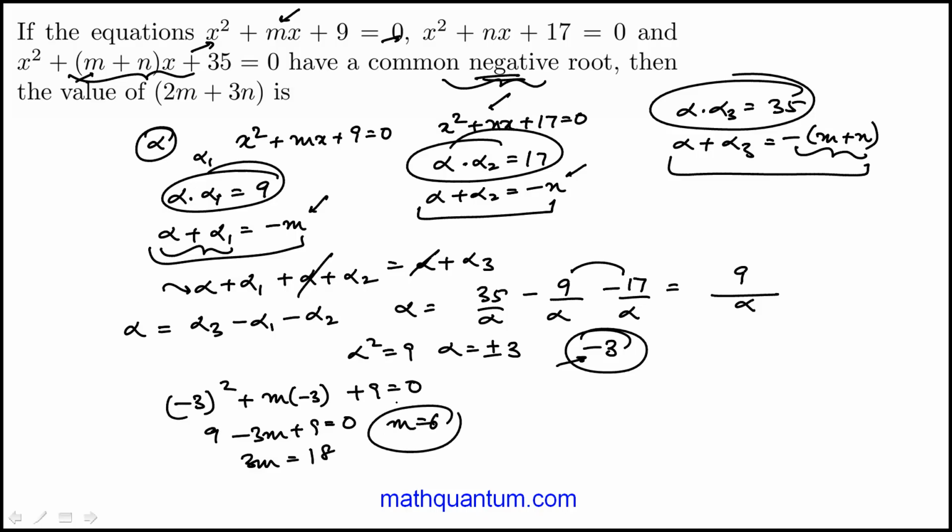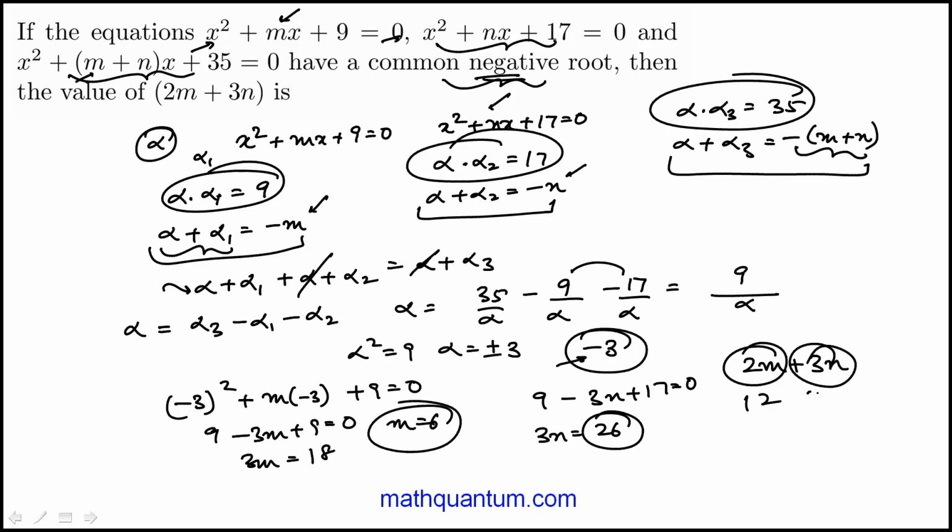M is 6. And I'm going to do the same thing here to figure out n. So 9 minus 3n plus 17 is 0. So 3n is 26. I'm going to leave it in that form because they're asking for the sum of 2m plus 3n. 2m is 12, 3n is 26. They add up to 38.